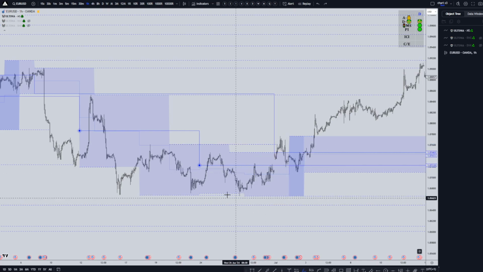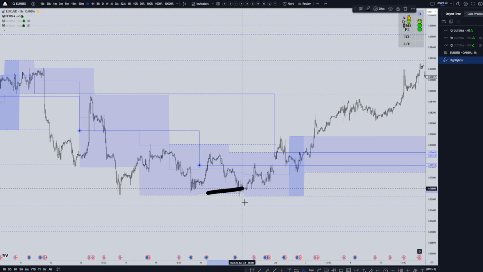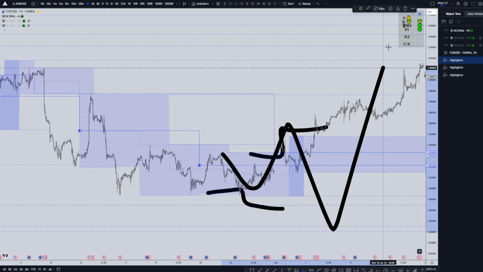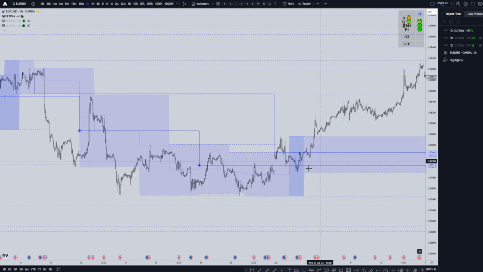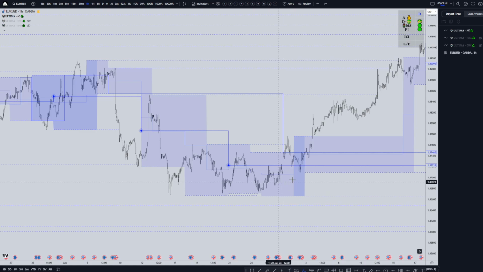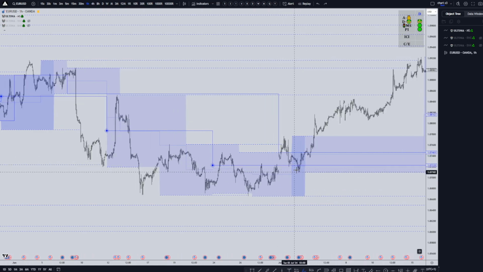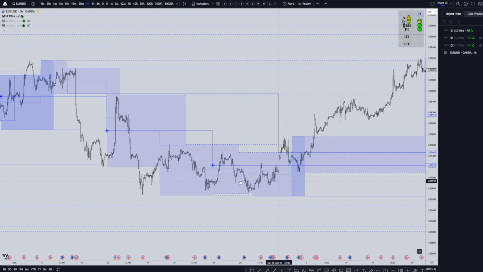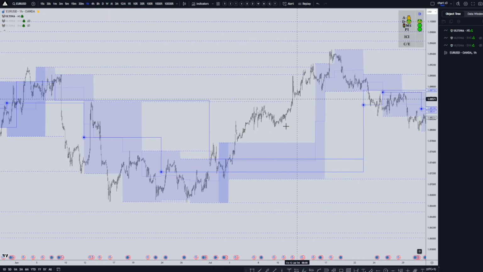And you can see by the structure we're starting to make lower lows, and at the same time we're starting to make higher highs, right? So it means structure starts to expand, and again, same as the contraction, it will start to expand or contract before breakout, before establishing trend and stuff like that.